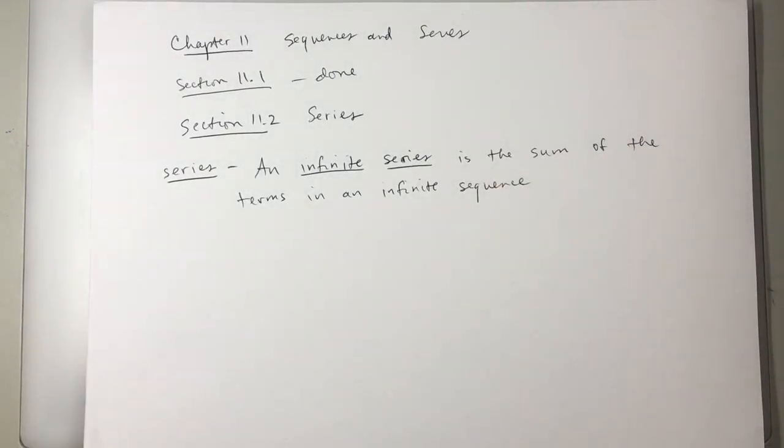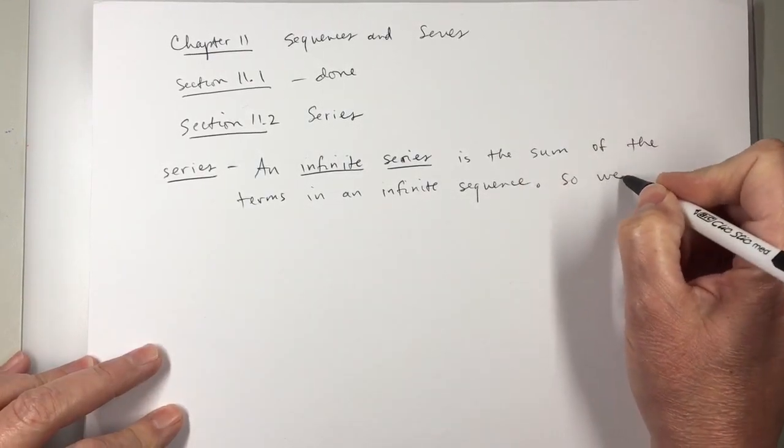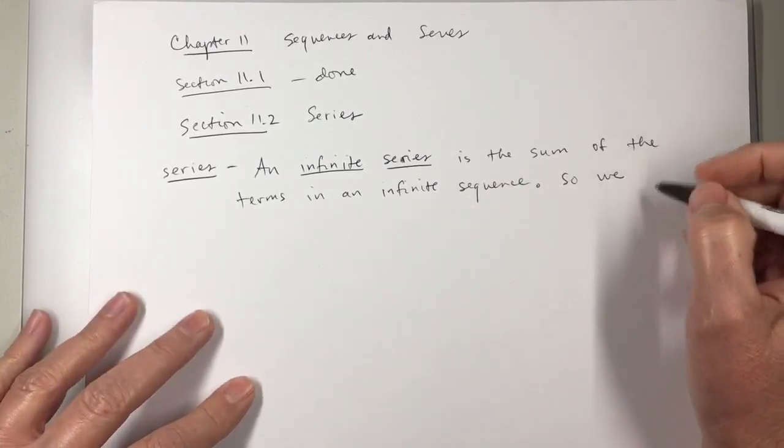So when we say series, we're talking about adding up the terms in a sequence. I used the word sum there, but it's too late, right?